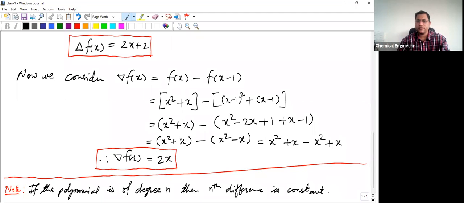So we have this nth degree polynomial and its nth difference is going to be constant.